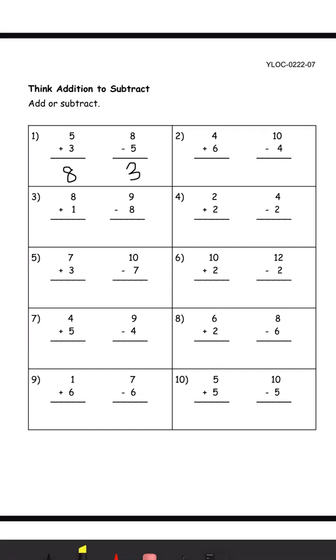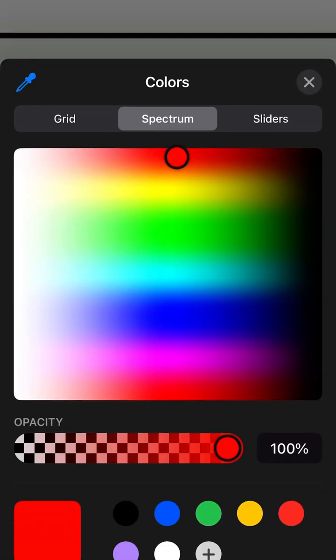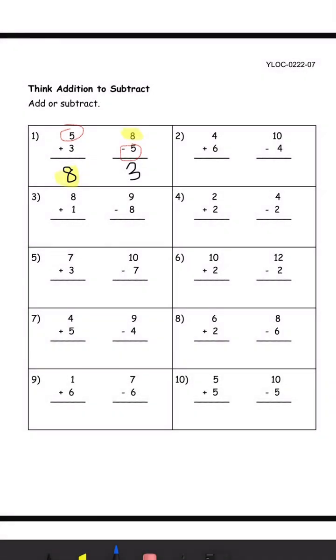When we added these two addends, we got 8, right? And we started with 8, and we subtracted 5, and now we can see that we ended up with 3. So it's going to be the same for all the rest of the questions.